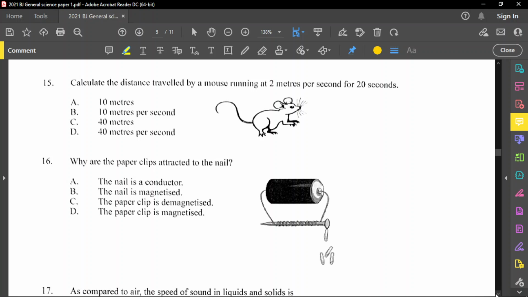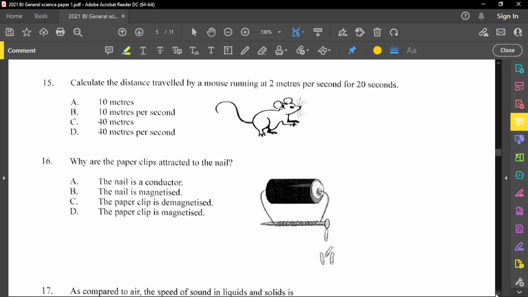Now, number 15 is to calculate the distance traveled by a mouse running at 2 meters per second for 20 seconds. So I want to find how far will this mouse go. Well, not if you take something and knock him down, he can't go anywhere. But let's do the calculation here based on this question.